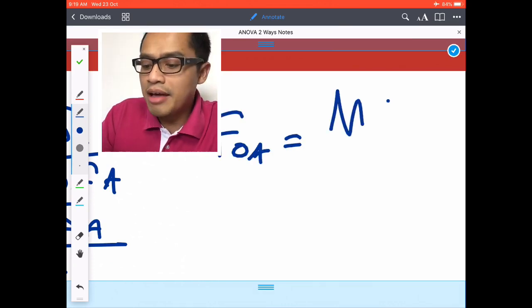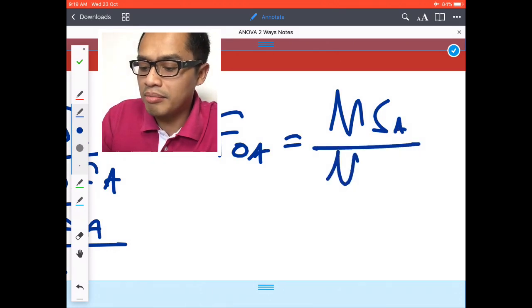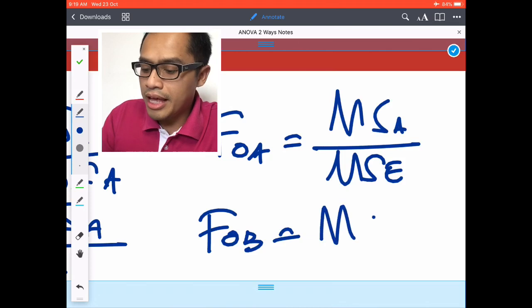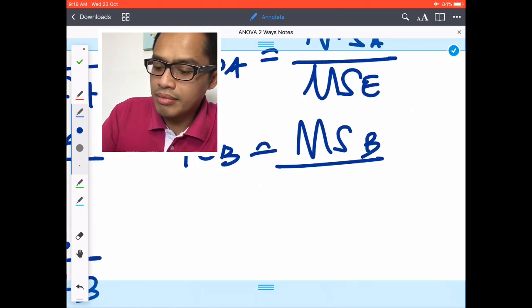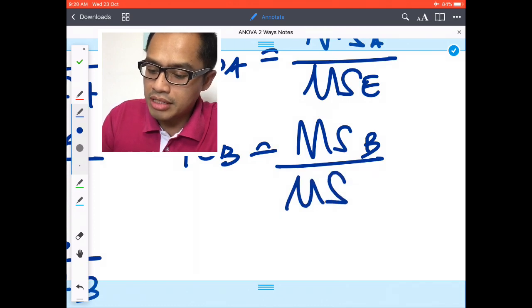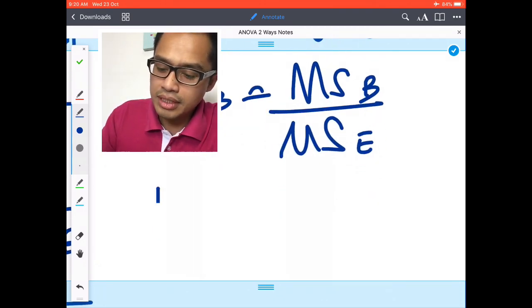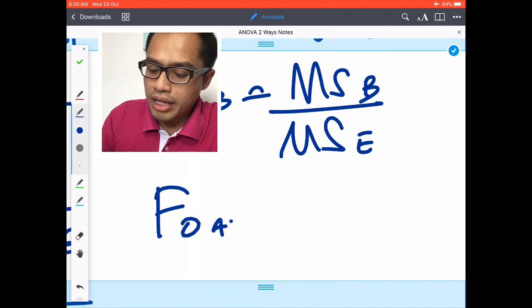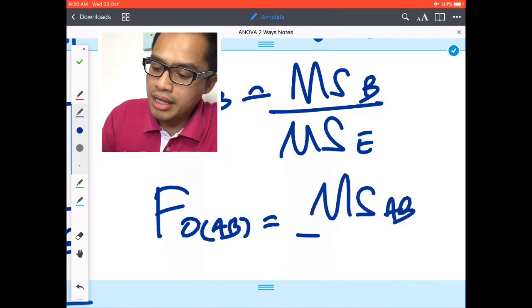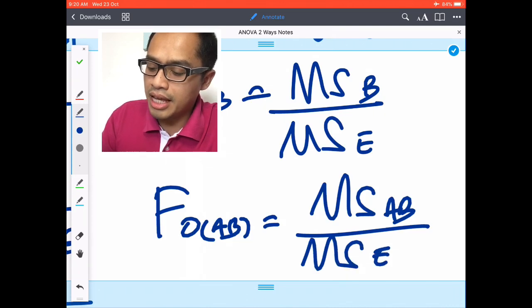And finally, you must calculate your F0 for A. That means MSA divided by MSE. F0 for B, MSB over MS for error. F0 for AB, MSAB divided by MS error.